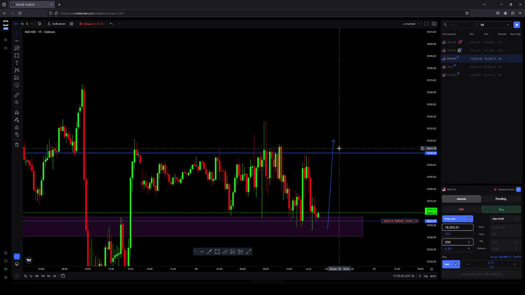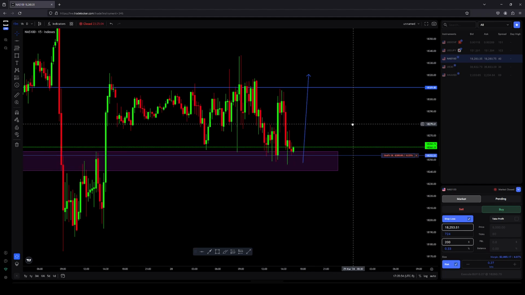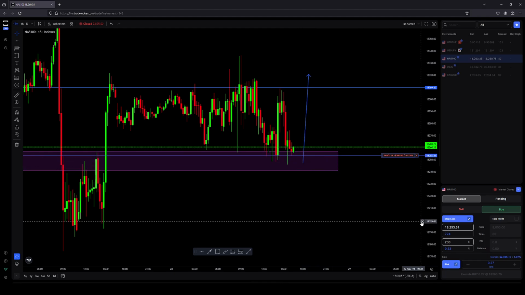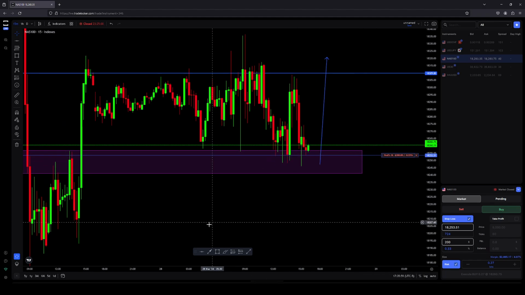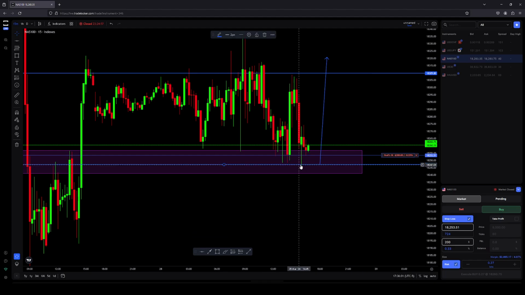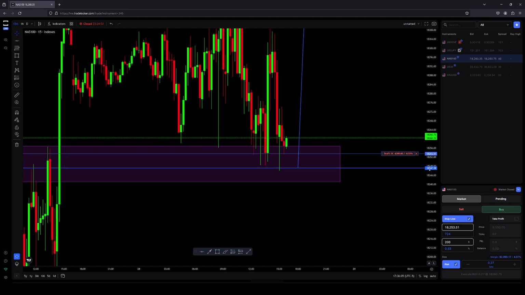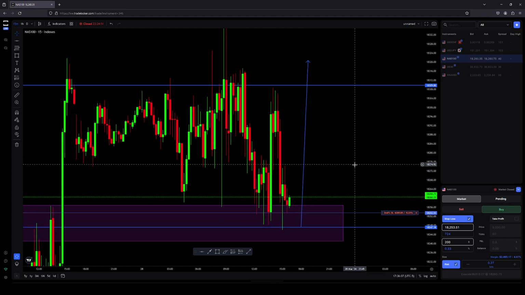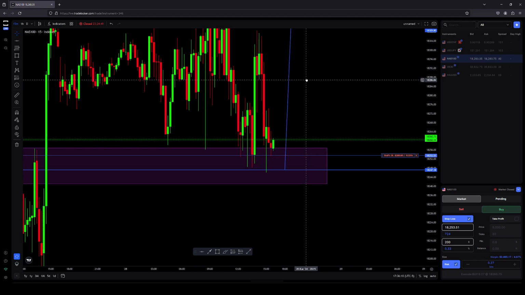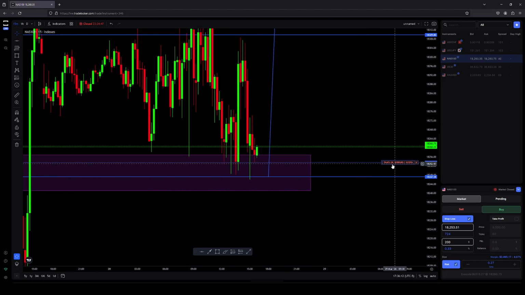Okay, we're going to look to buy this one, and ultimately we don't want to see it break this support area. So let's say you tell yourself, okay, I want to risk 200 bucks, and I'm looking for a nice strong push to the upside. If I risk $200 exactly right here where it's at, my stop loss is 200 bucks.